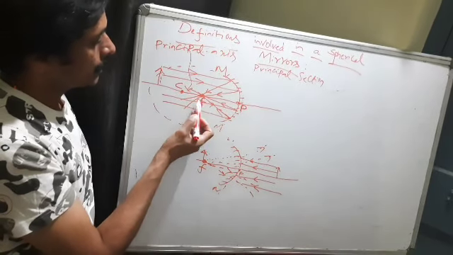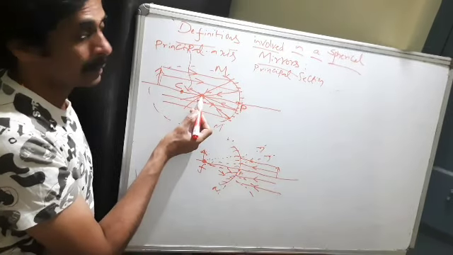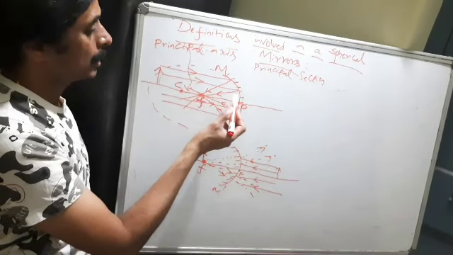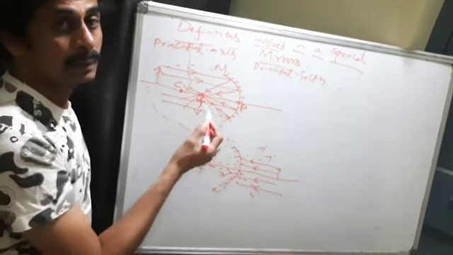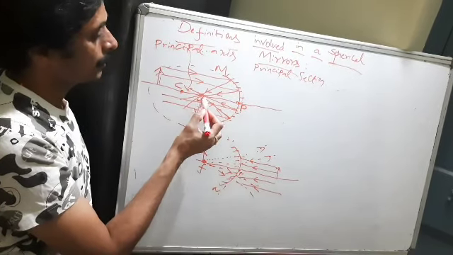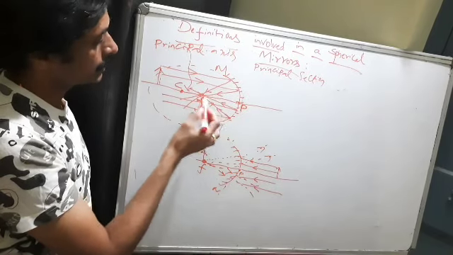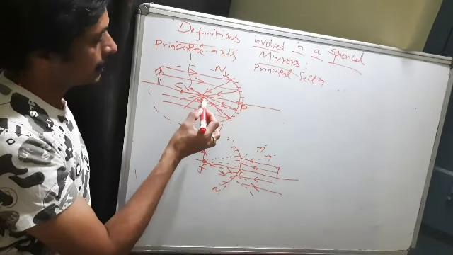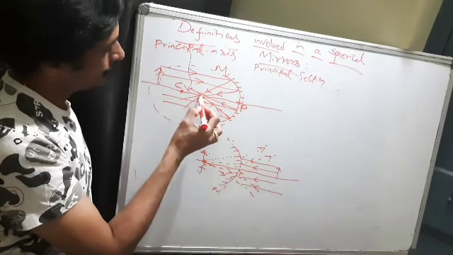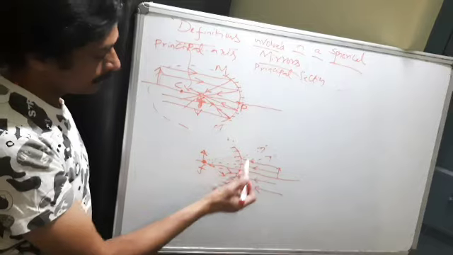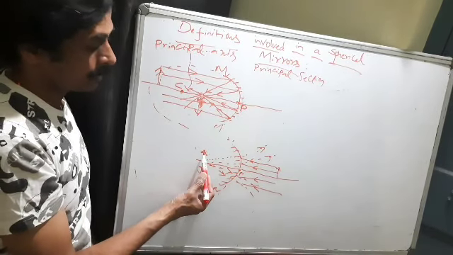And principal focus: in case of concave mirror, if it is a real image and the image is inverted and formed in front of the mirror, all the rays tend to converge at a particular point. This is called the principal focus. It is formed on the principal axis only. And in case of convex mirror, we know that the image is virtual.